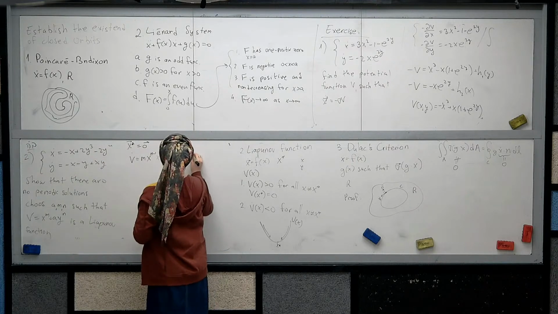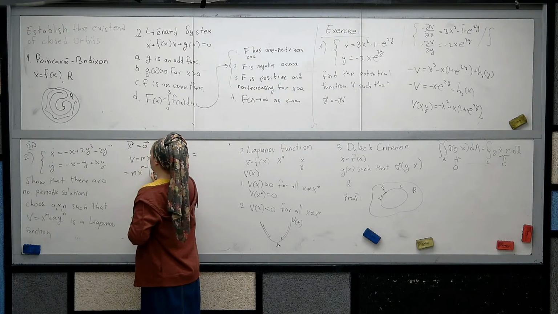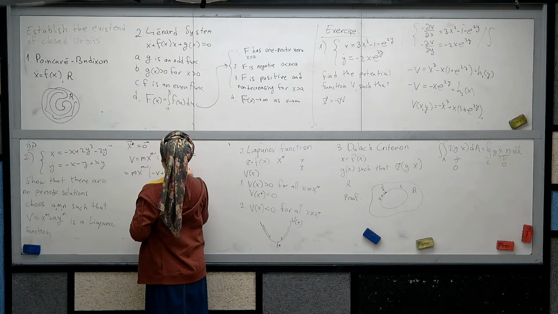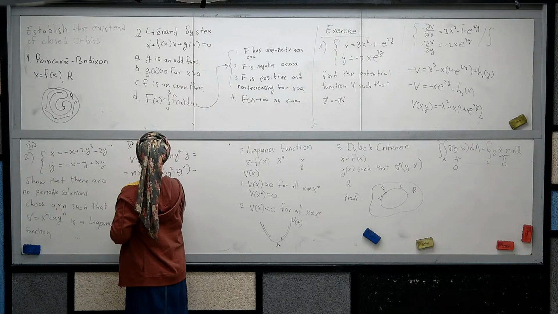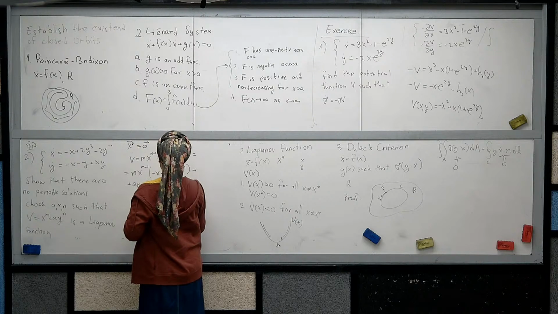We'll put it inside. We are getting m x to the m minus 1 times minus x plus 2y cubed minus 2y fourth, plus a n y to the n minus 1 times minus x minus y plus xy.